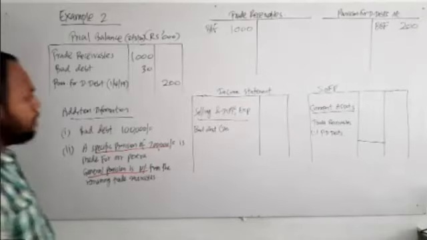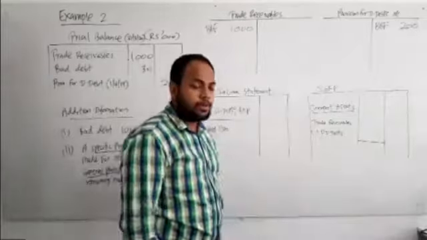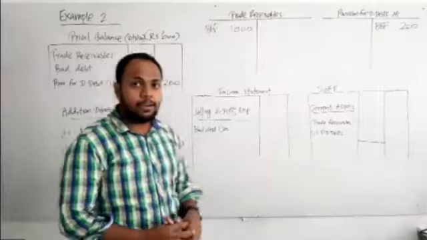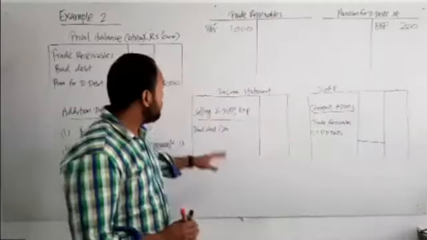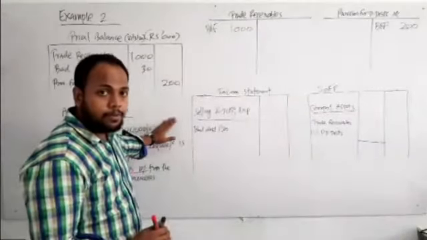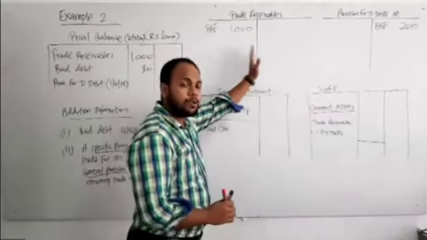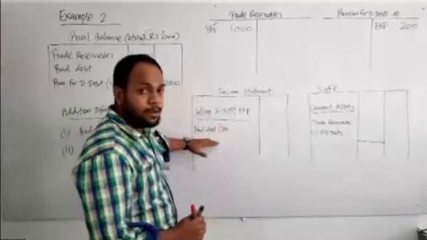Right. Now let's do the additional information. We have the bad debt. Bad debt is 100,000. So what's the double entry for bad debt? It is trade receivables account credit and the bad debt account debit.